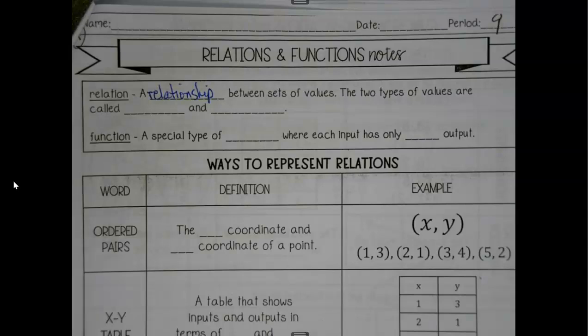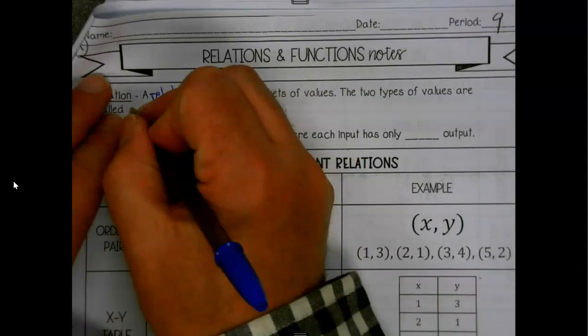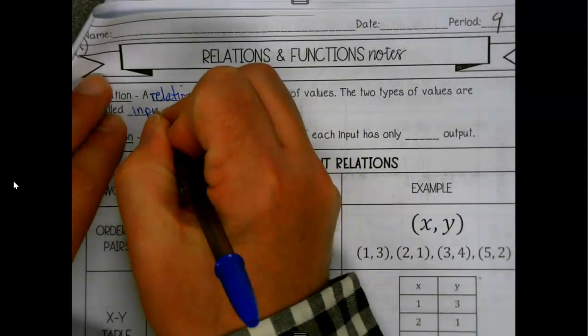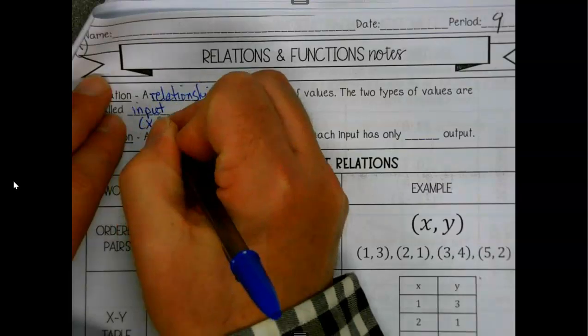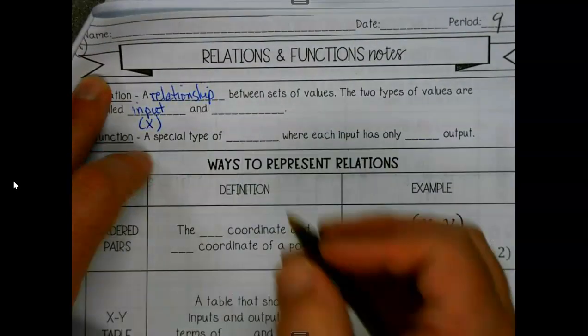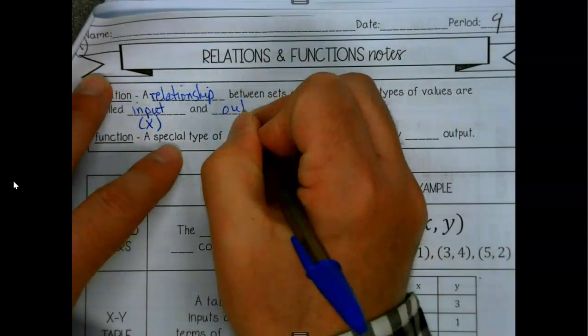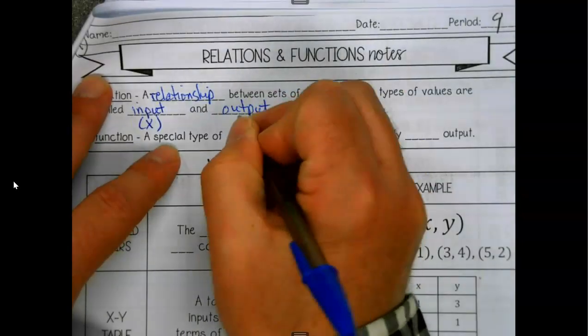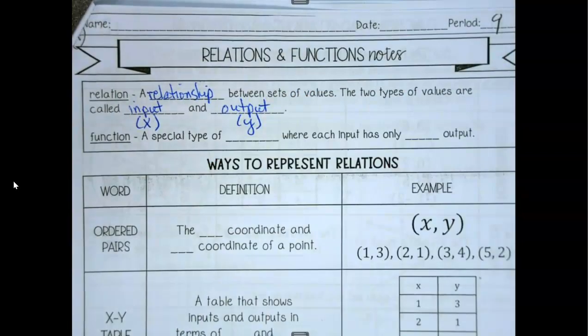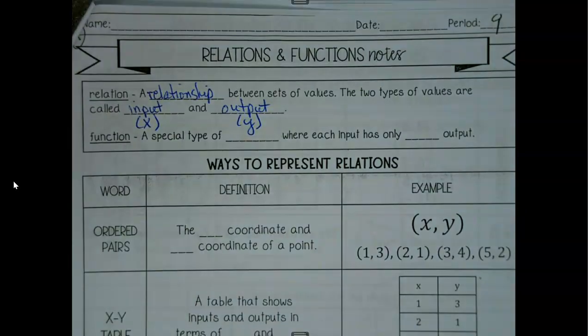So the two values, we got to have a fancy name for everything in math, are called input, or sometimes they're called our x values, and output, our y values. I stick in, I substitute in an x, I get out a y.